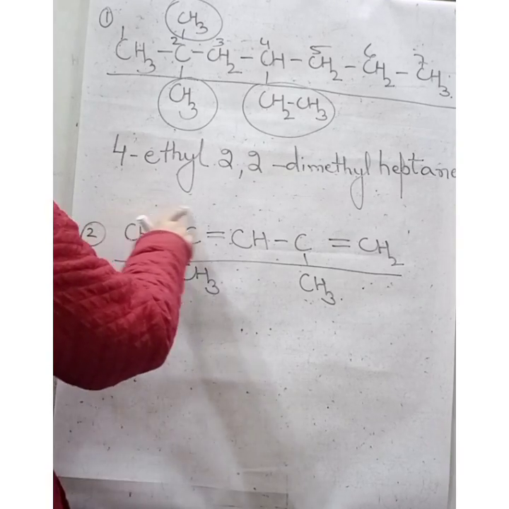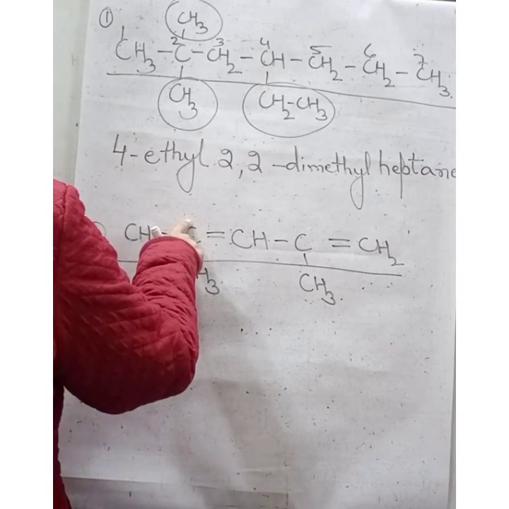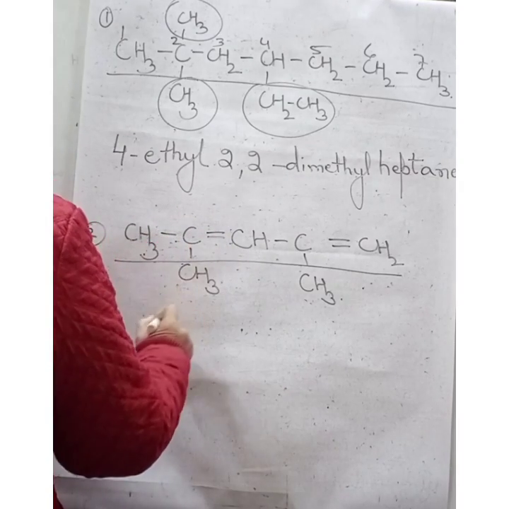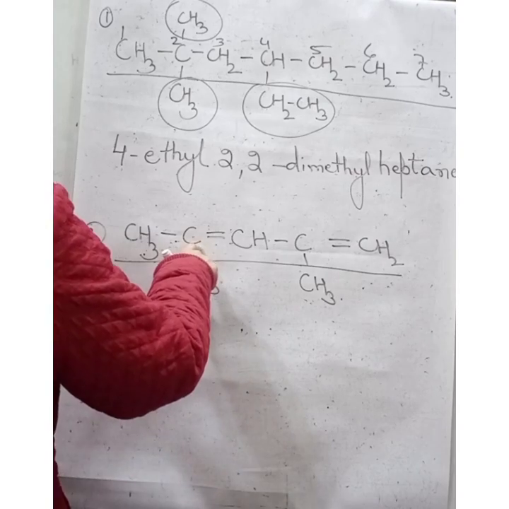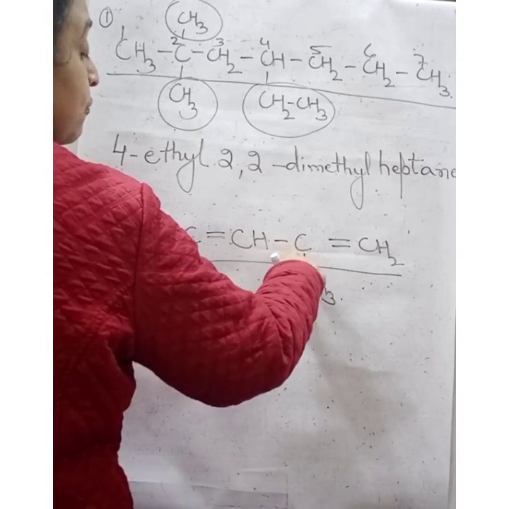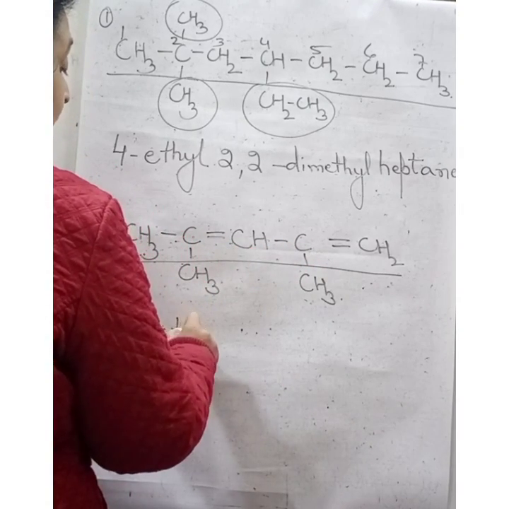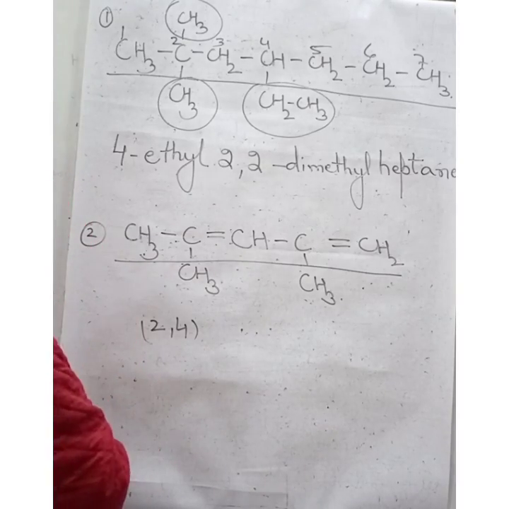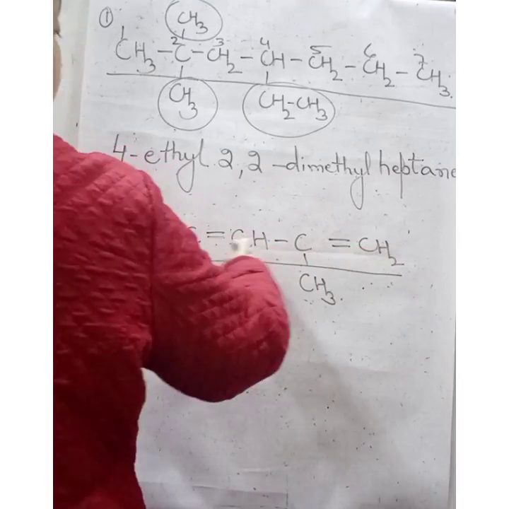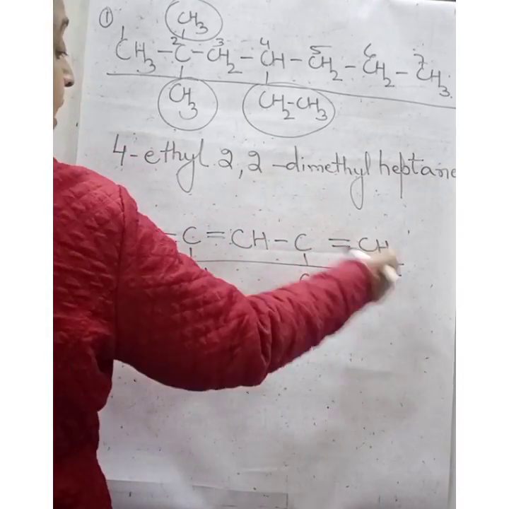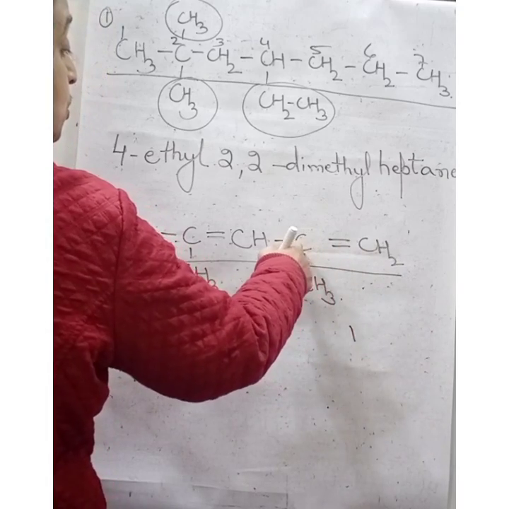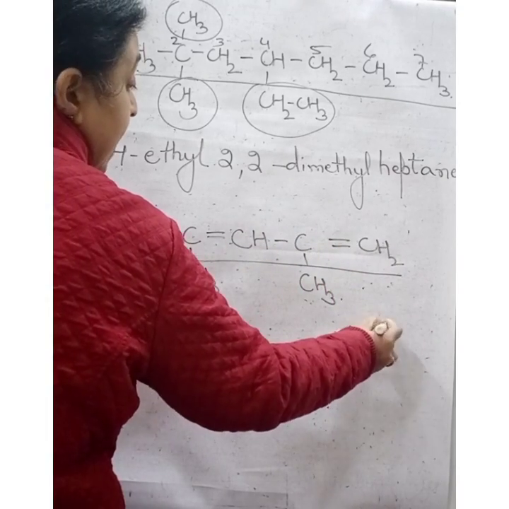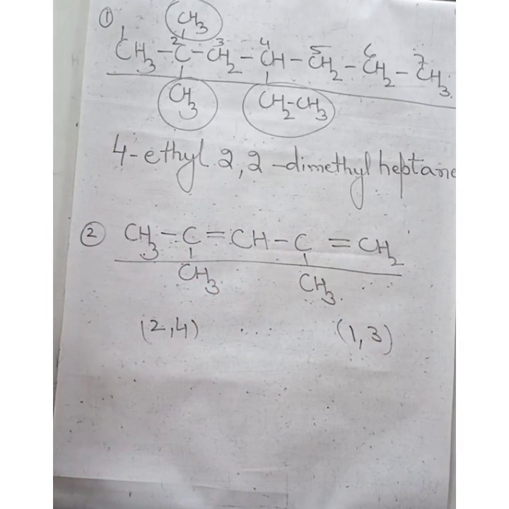Now, if I number from this side, 1, 2. So after the second carbon a double bond is coming, 3, 4. So the double bonds are at the 2 and 4 positions. But if I number from the right hand side, 1, 2, 3, the double bonds are at the 1 and 3 positions.